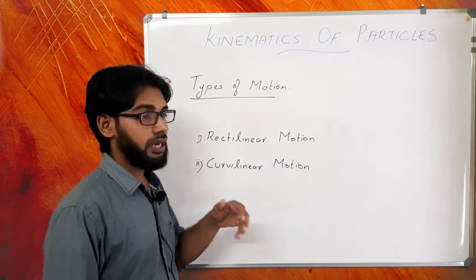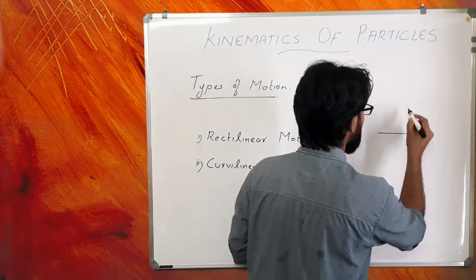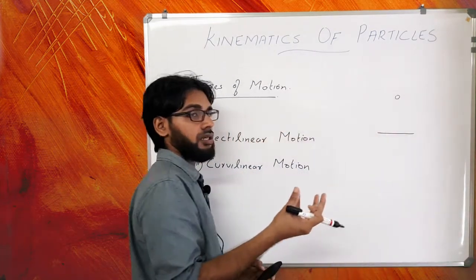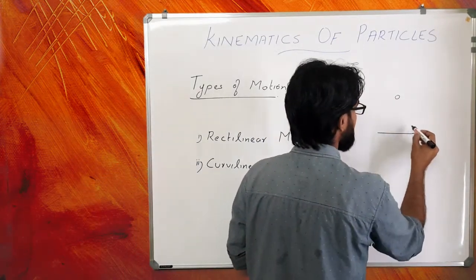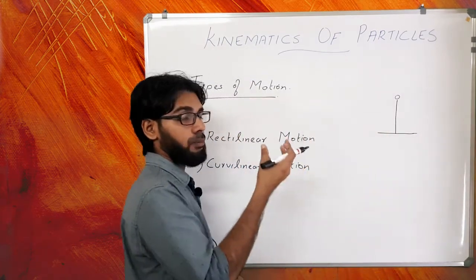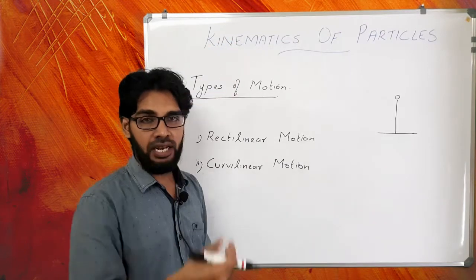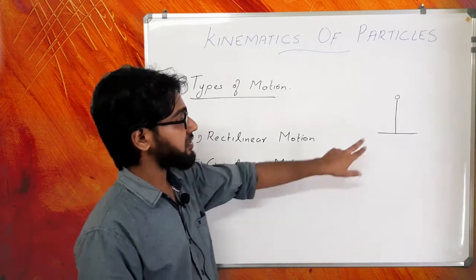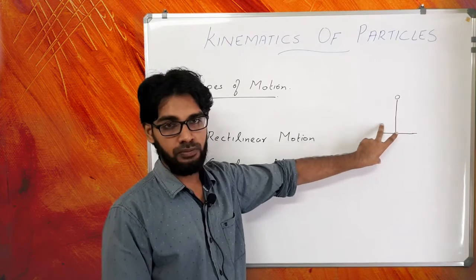For example, consider you're dropping a ball of sufficient density to the ground. So the corresponding motion described by the ball, if there are no wind effects, will be a straight line. So this can be considered as an example of rectilinear motion.